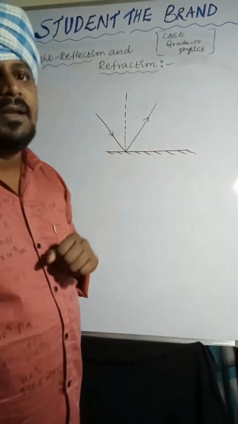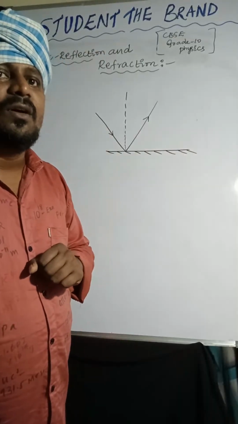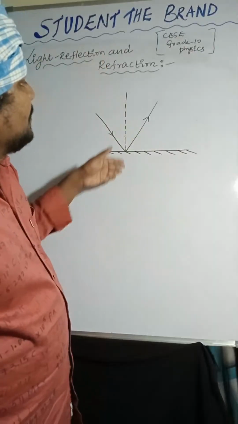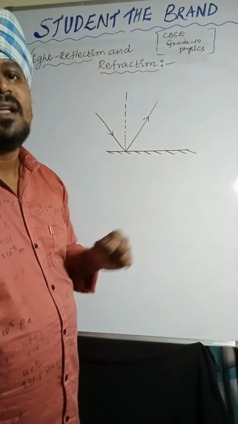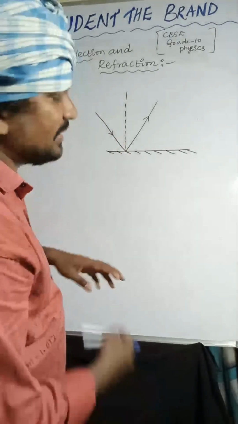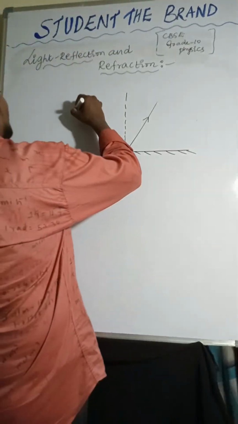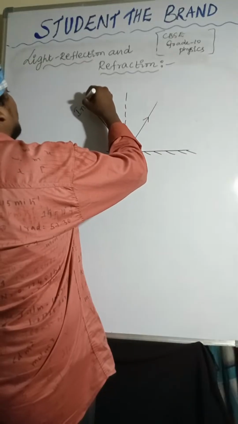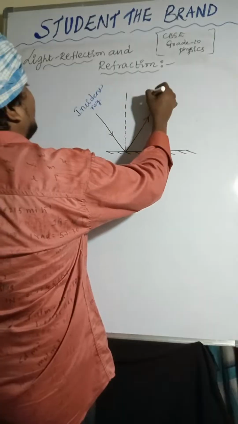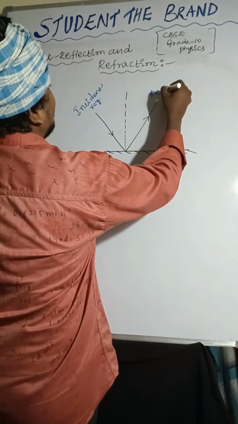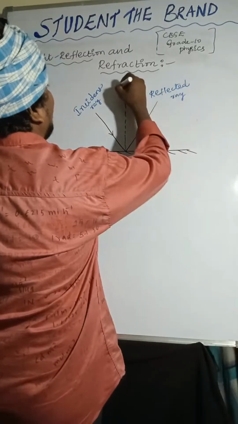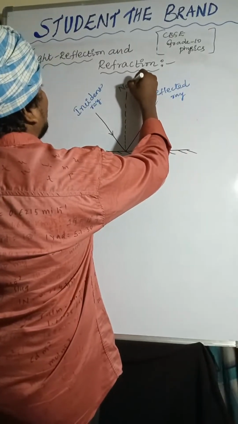The line which is perpendicular to the plane surface is called the normal line. The light ray incident on the surface is the incident ray, then the reflected ray, and the normal line.